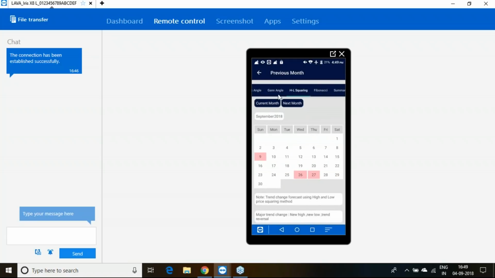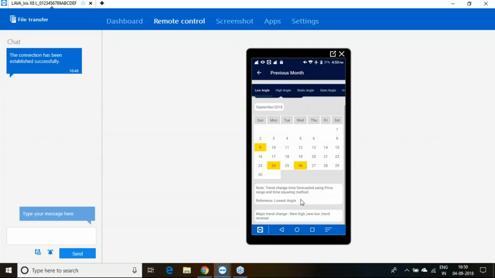Here too we have given a note on which methods are more reliable and more on the major trend change. All these methods that are used, we have grouped into two categories.